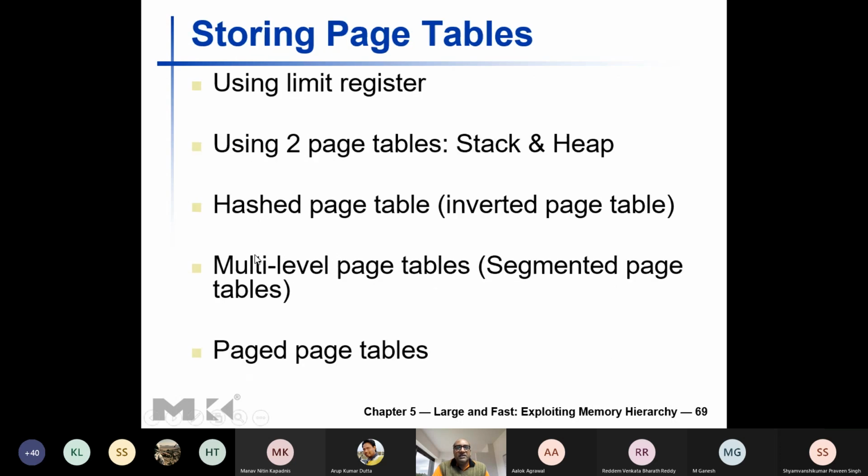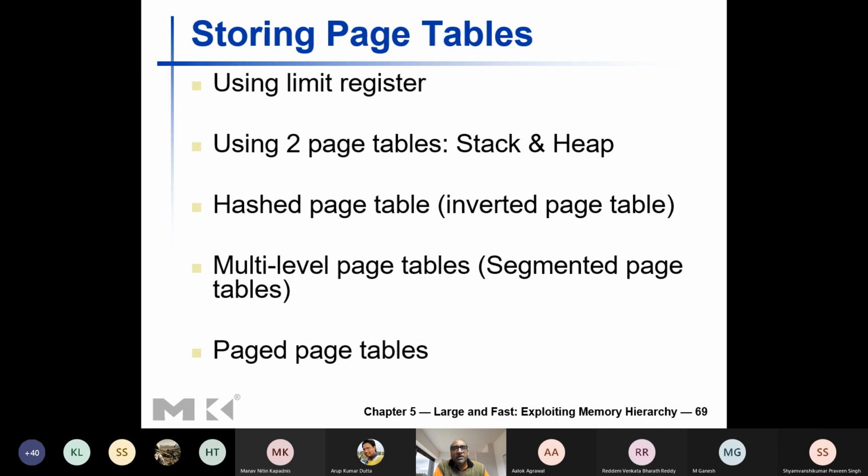Okay, another thing is storing the page tables. As we have seen, in principle the page table size will be very large, because it depends upon the virtual address. With a virtual address of 32 bits, the number of pages generated will be 2 power 20.